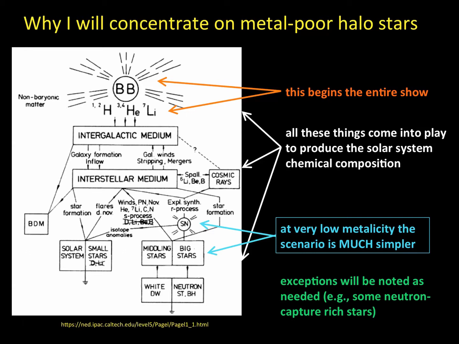These are stars that are products of the actions of one or at most very few nucleosynthesis events, and we're looking at more pristine material. That is easier to work with than most of the solar chemical composition.